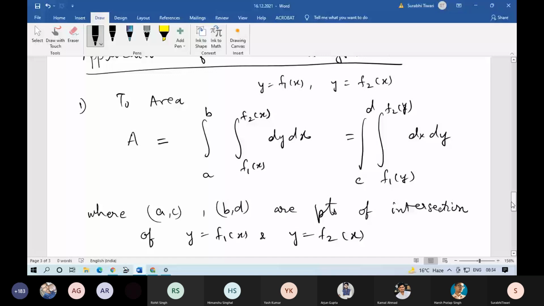These are the same curves, but here you have written y in terms of x, and here you have written x in terms of y.